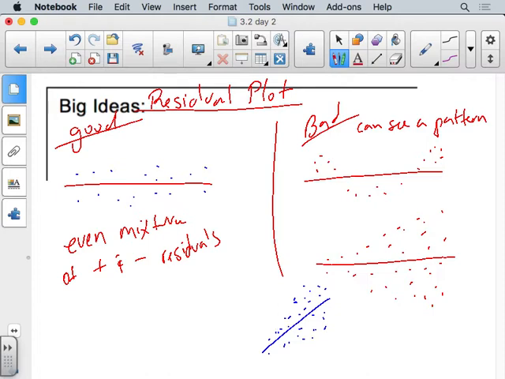Basically the data is so spread out that we don't really know if it's linear or not. So any sort of pattern that you see in your residual plot is not good. We want a nice even flow throughout. Okay, so a residual and then a residual plot.